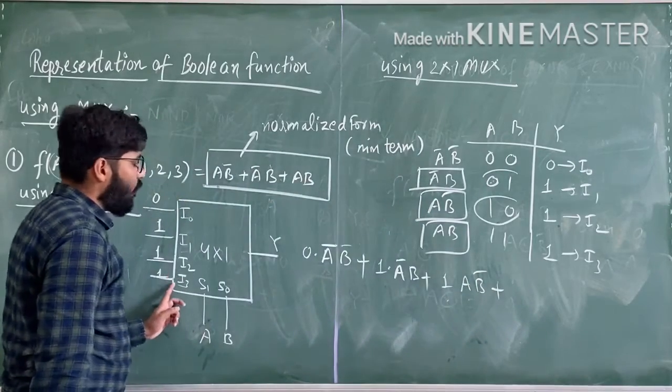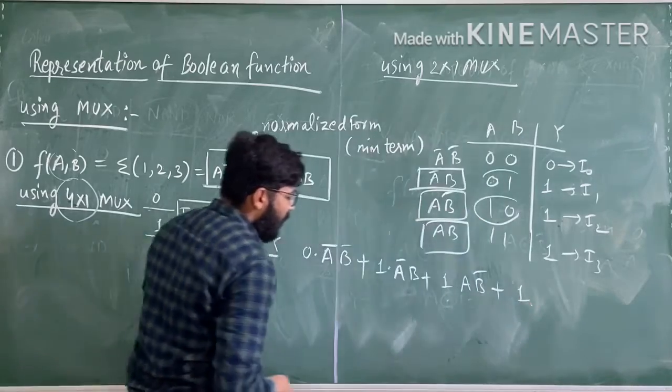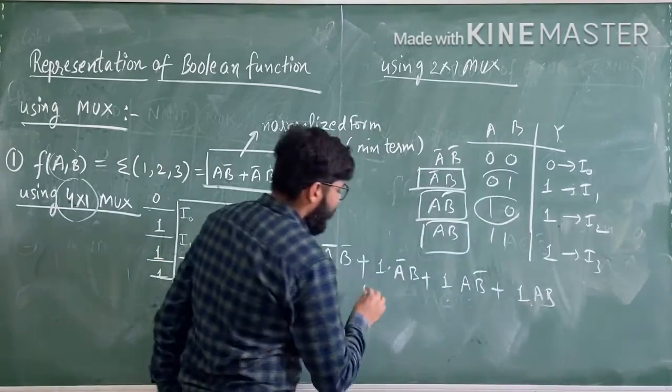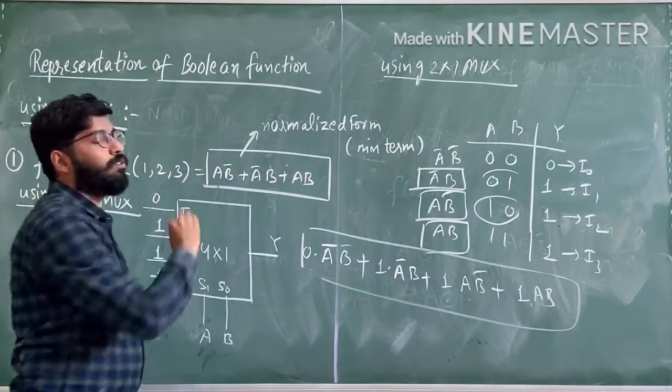Plus I3 is 1, passed when a and b are 1, so this is a into b. So you will get the same result that is given in the question.